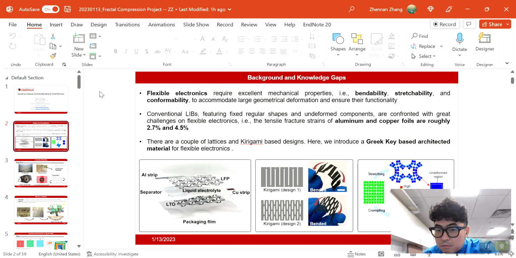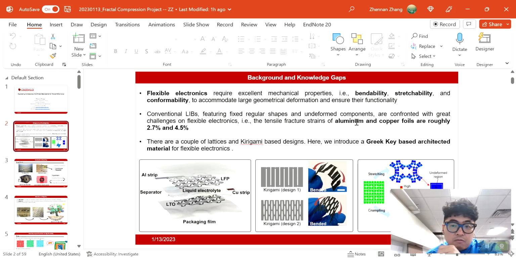There are some requirements for flexible electronics, for example, bendability, stretchability, and conformability. But current traditional materials are not good enough to realize the function of flexible electronics. So we are going to use a structural strategy, another word is a lattice structure of materials, to realize some function that the traditional materials cannot achieve.